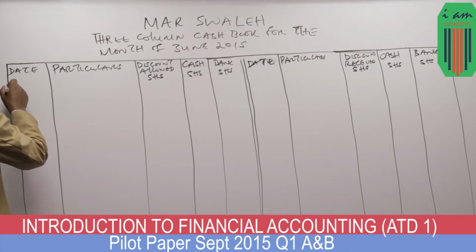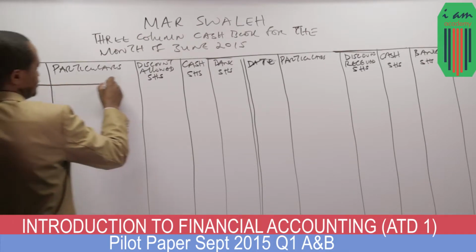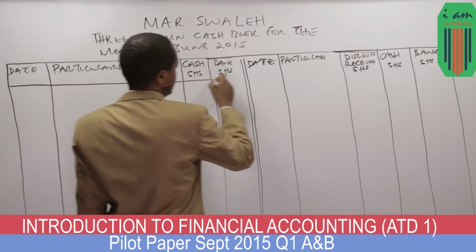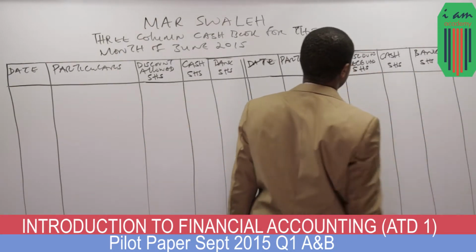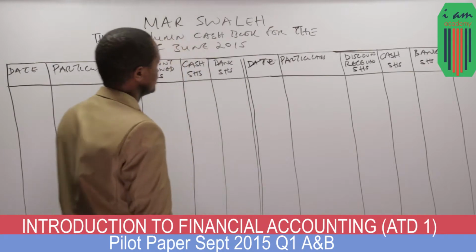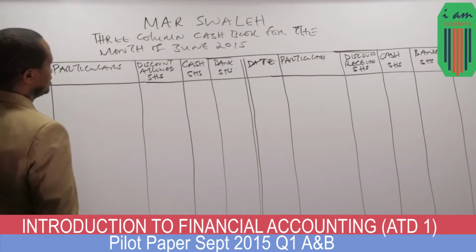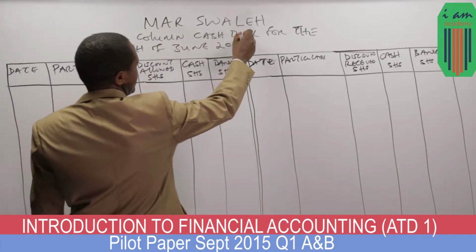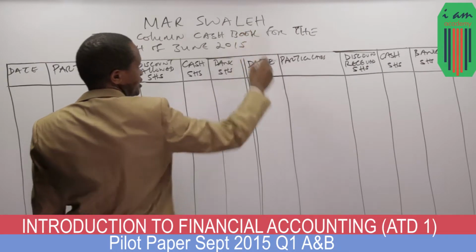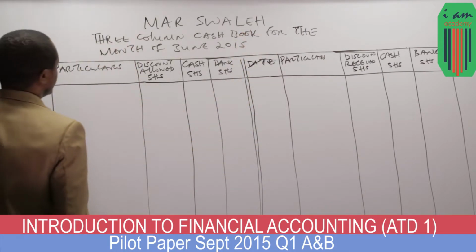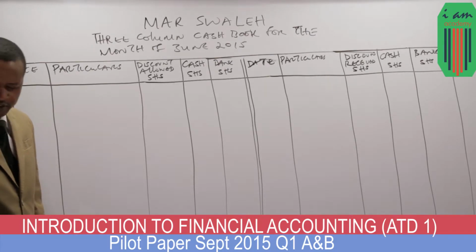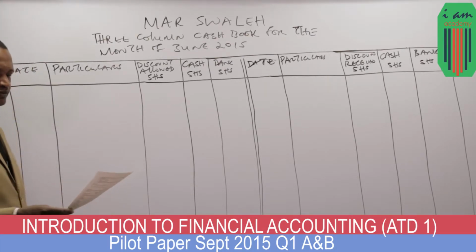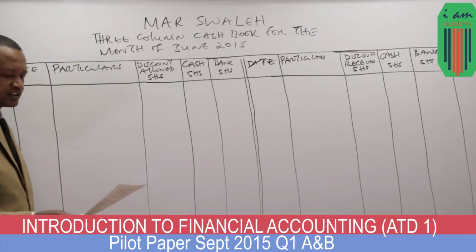We are told Swale retired from employment. He was paid retirement benefits, so he thought of starting off a business. After retirement, he's going into business. And the money that he's been given, we are told he's been given how much? Mr. Swale has retired from employment and was paid retirement benefits.